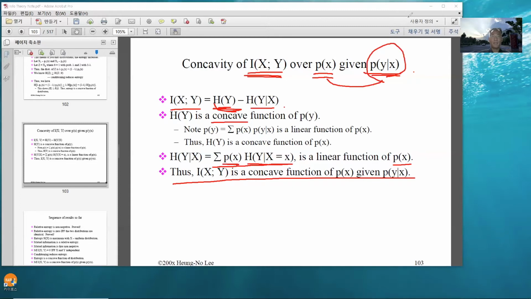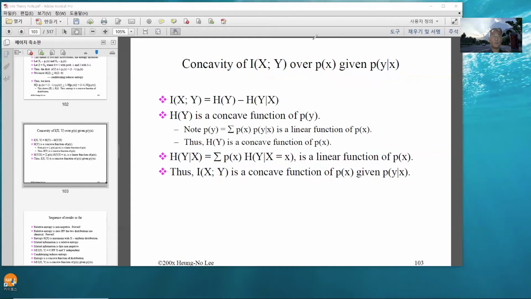But that is an informal proof. If you want to prove it exactly, what do you need to do? You have to use Jensen's inequality, right? So how do you use Jensen's inequality? What is the problem that you have to solve? In order to solve that problem, you need to define two distributions.